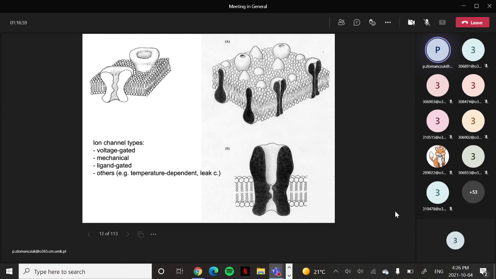They allow for transportation of those ions only under the influence of environmental changes. So basically, those proteins react with structural changes to changes in the environment. They are reacting to certain stimuli which show up in the environment around the cell.